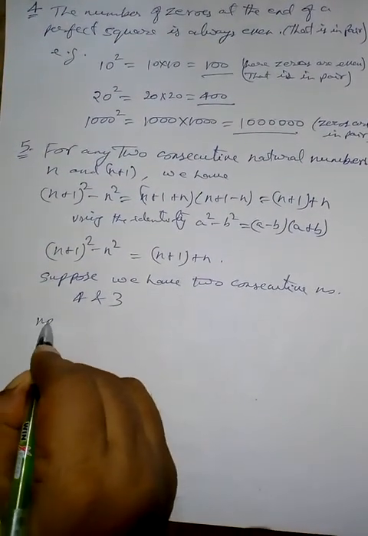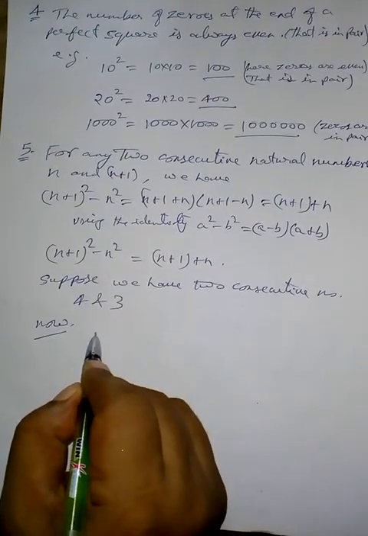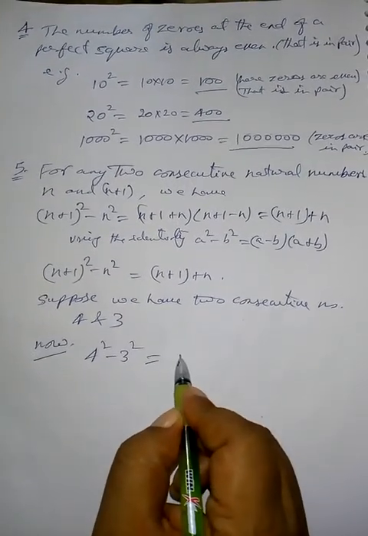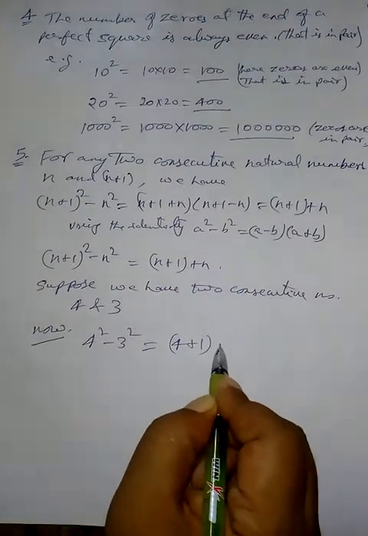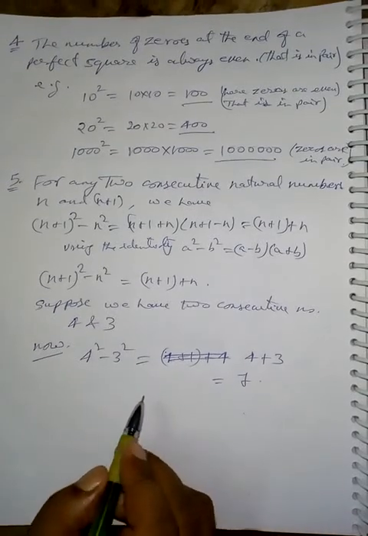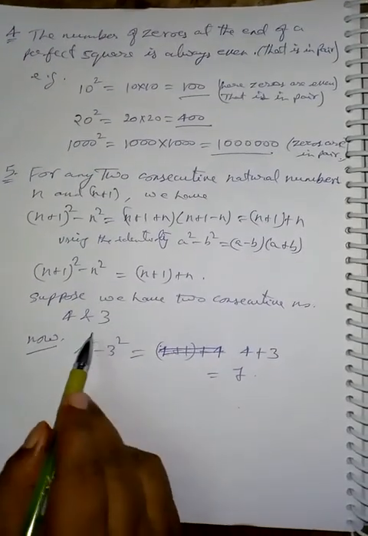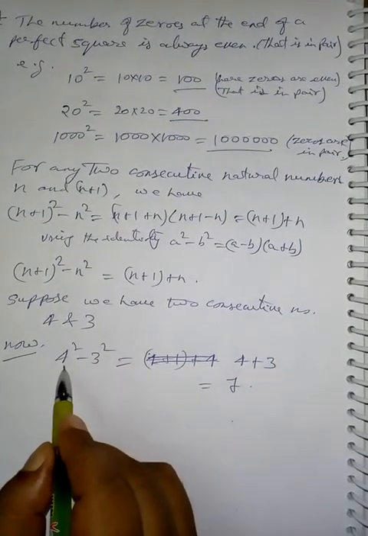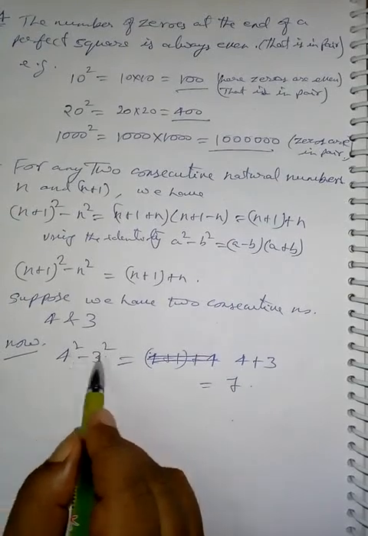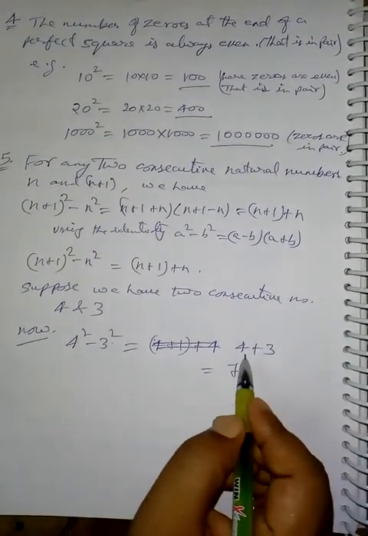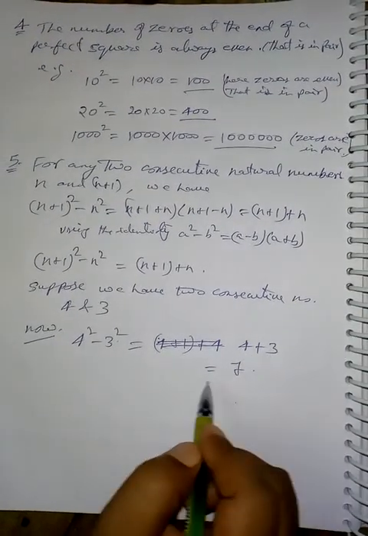Now 4 square minus 3 square will be 4 plus 3. So we get 4 square minus 3 square, the difference of the two consecutive squares, equal to 4 plus 3, which is 7, according to this identity.